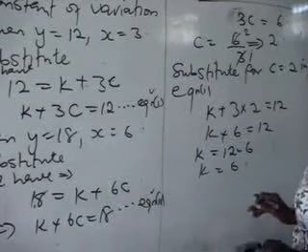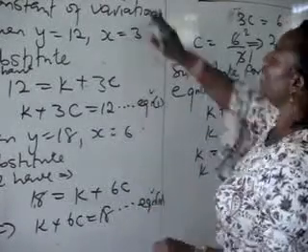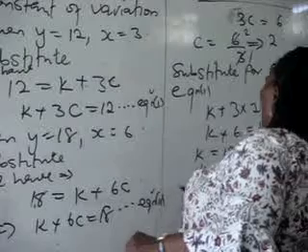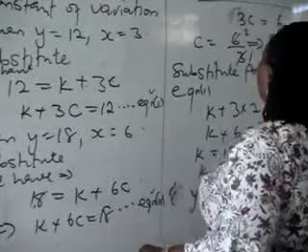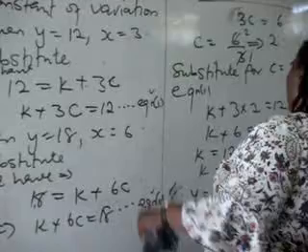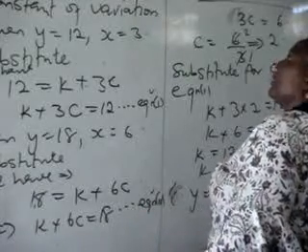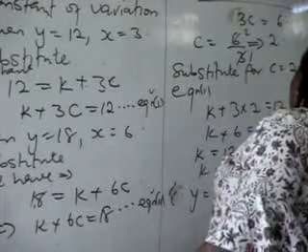Now, going to the equation which says that y equals, substituting for k and c, you have 6 plus 3x.